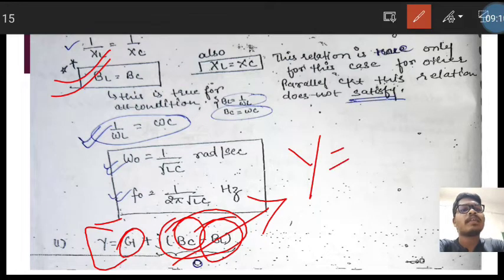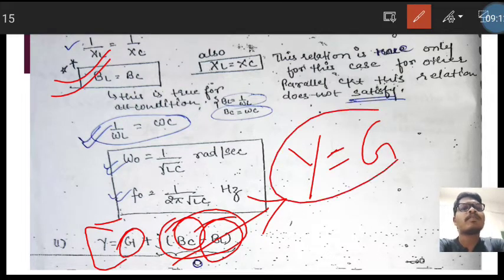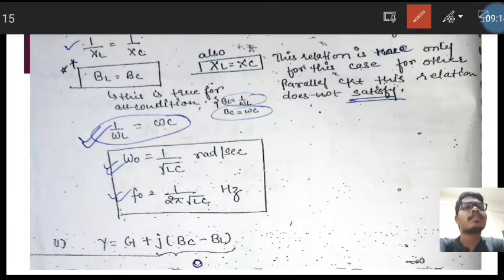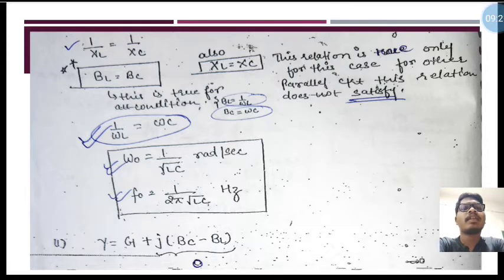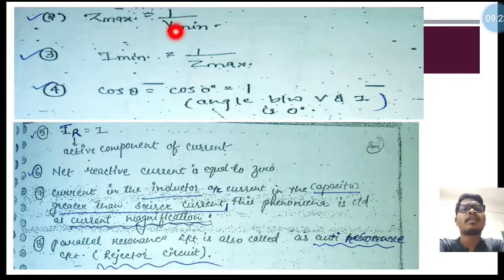So Y is equal to G now, that is conductance is equal to admittance now. So if this Y is minimum, then Z is maximum, it is inversely proportional to Z. Okay, impedance is inversely proportional to admittance. So that's why if admittance is minimum, then impedance is maximum.